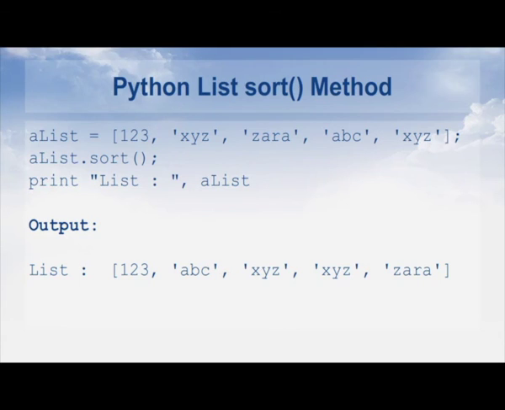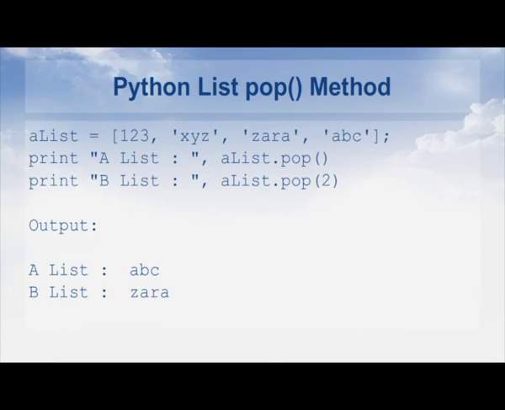So, you have 1, 2, 3, you have only one number, but you have 4 text strings XYZ, Zara, ABC and XYZ. They are alphabetically sorted, ABC comes first, XYZ and XYZ come later, and Zara, since it starts with Z, goes to the end. So, the sort method sorts the list in Python.